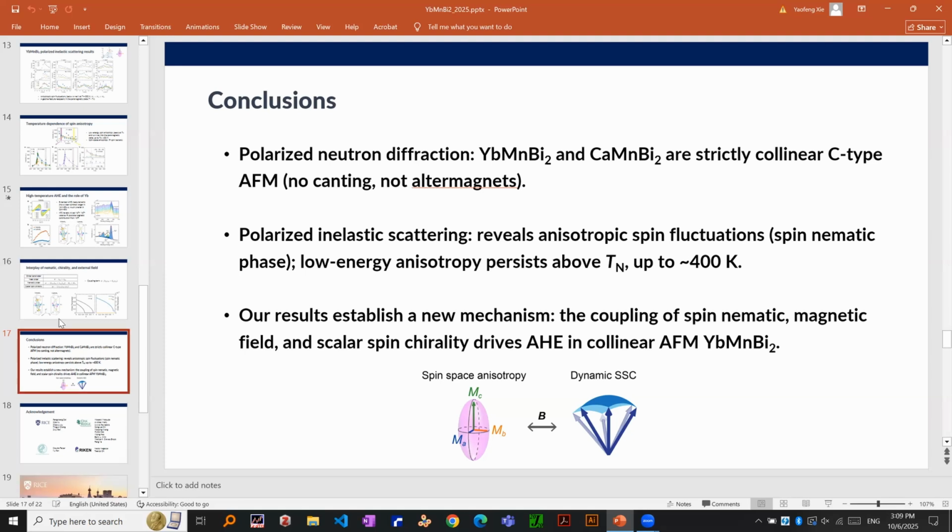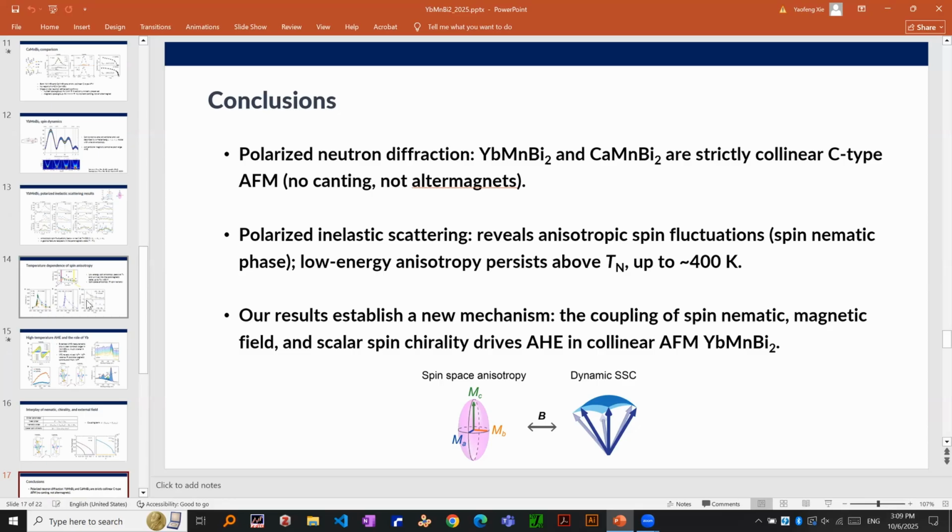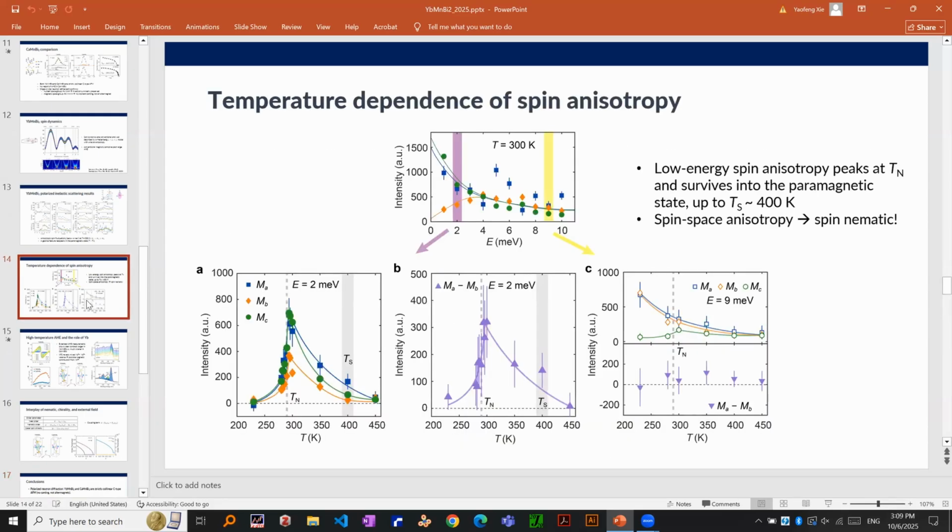Yes, because before you apply the magnetic field, the ytterbium ions are in the paramagnetic state, so their spins are randomly distributed. When you apply a magnetic field, the ytterbium ions become field polarized. Only the field polarized state can couple to the spin nematic of the two magnetic spins.